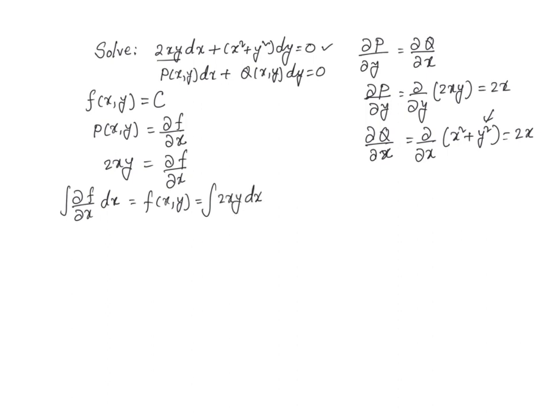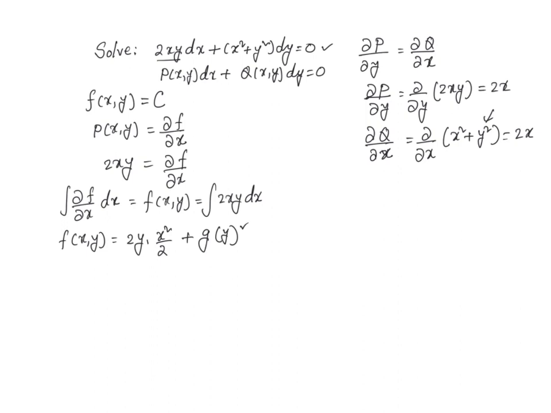All right, so f(x, y) is equal to 2y times x squared over 2 plus some function, let's call it g(y). This g(y) is serving as a constant, even though it's actually a function.